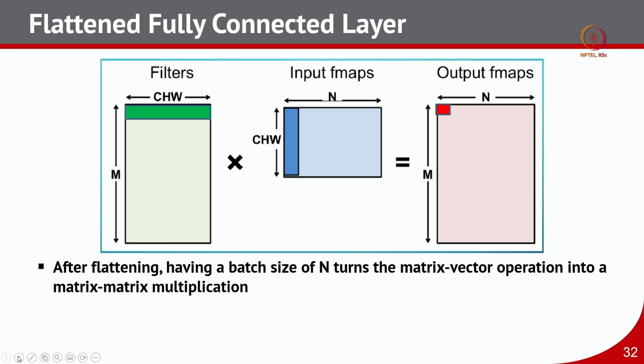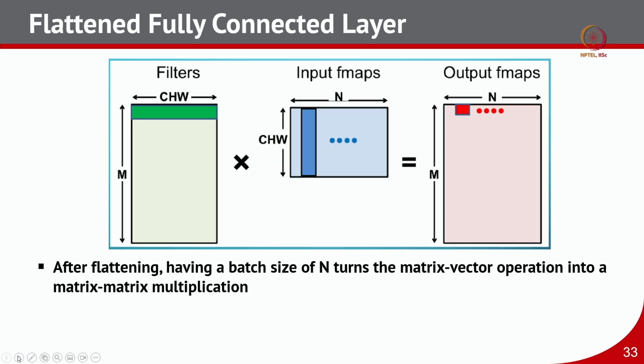Now, you might already imagine. Once we have this CHW for one specific filter, that will get multiplied with this CHW for one particular input image to get one pixel in the output feature map for one of the channels. Since we have M filters, we will have a total of M channels. Now, the same CHW will get multiplied with the next input feature map to obtain the next pixel of the same channel, and so on and so forth.